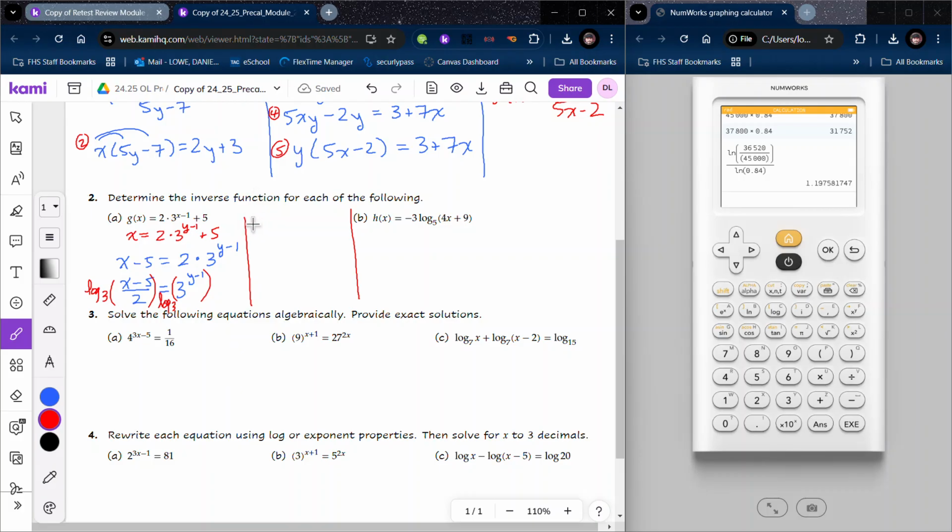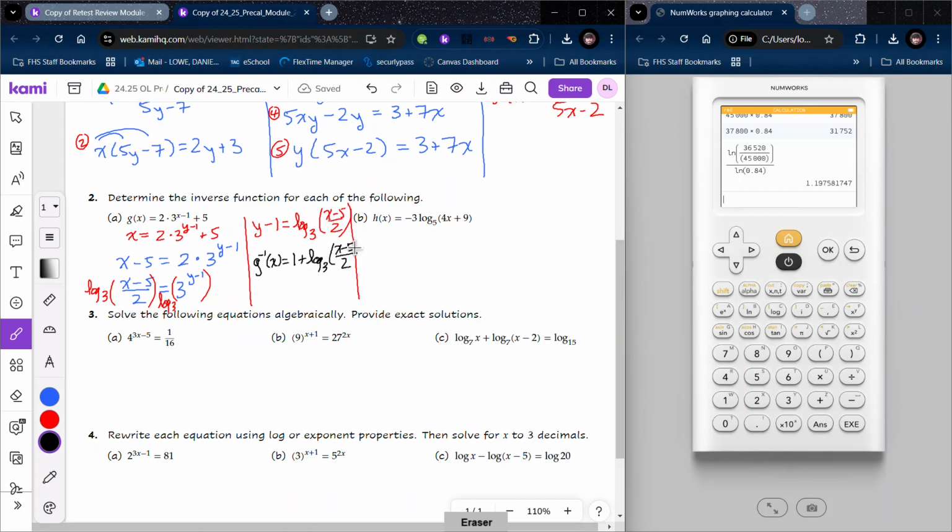That's going to give me that y minus 1 is going to be log base 3 of (x minus 5) all over 2. And I want to get to my inverse, so the last thing to do is to add 1 to both sides. So my inverse of g is going to be 1 plus log base 3 of (x minus 5) all over 2.